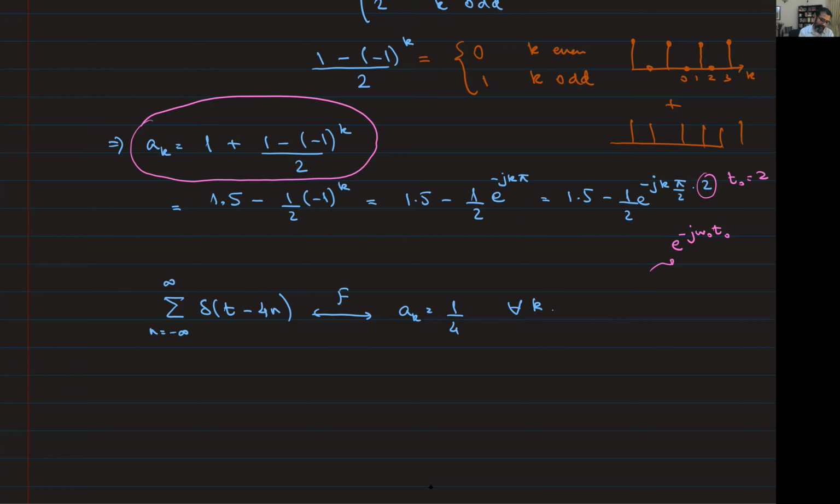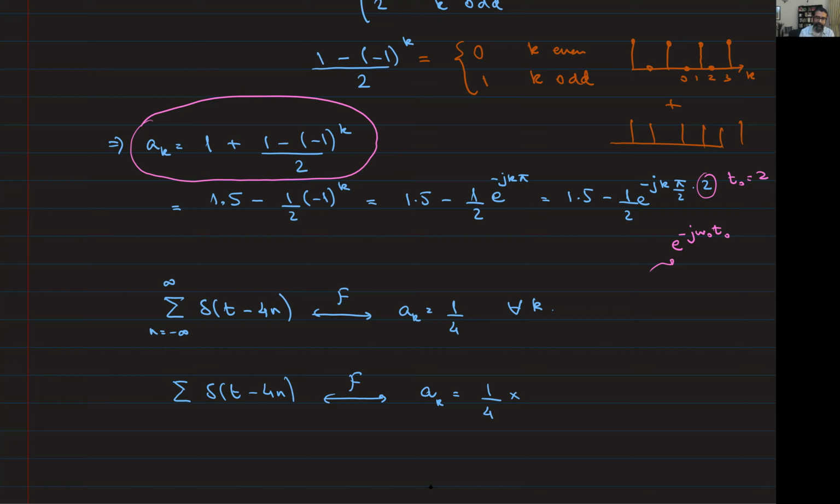So if this AK is 1.5, it's just linearity. I just need to multiply it with some constant so that AK equals 1 by 4 times 4. Sorry, I just need to make it 1.5.